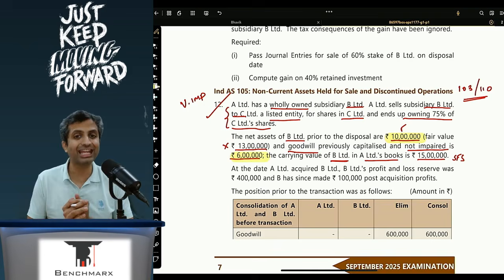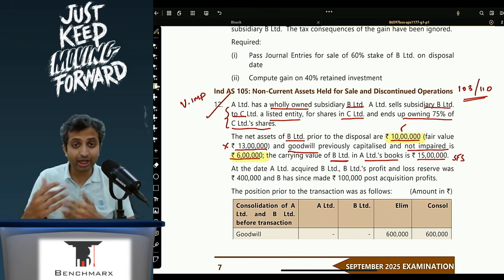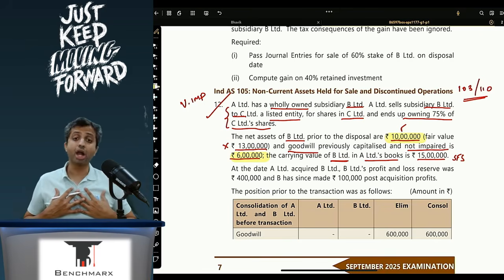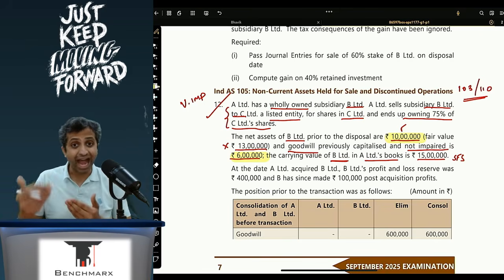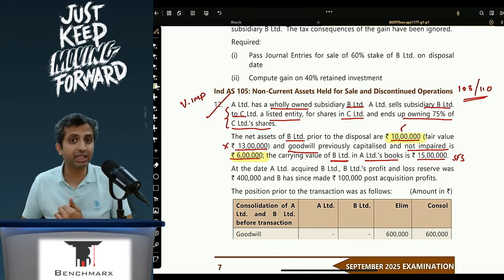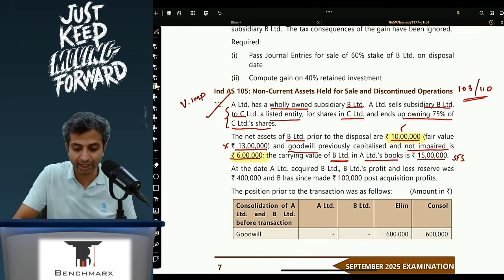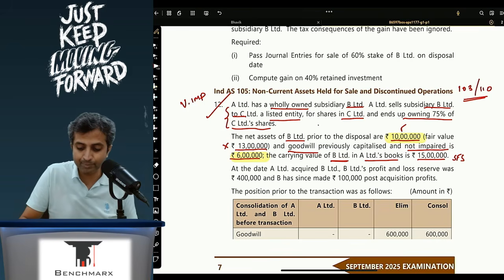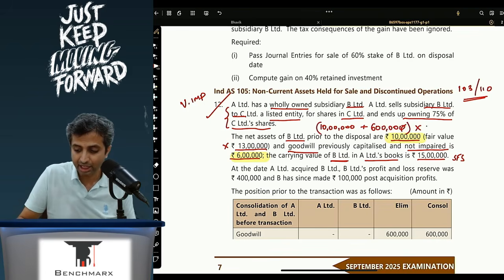This must be appearing in A's CFS. Now I held 100% of B. As we discussed, I'm giving up 25% of B and hence I'm creating an NCI. This NCI will get a share in B's assets and liabilities. Currently in A's CFS, you'll have 10 lakhs pertaining to B. You also have 6 lakhs pertaining to B and hence 10 and 6, that is 16 lakhs into 25%.